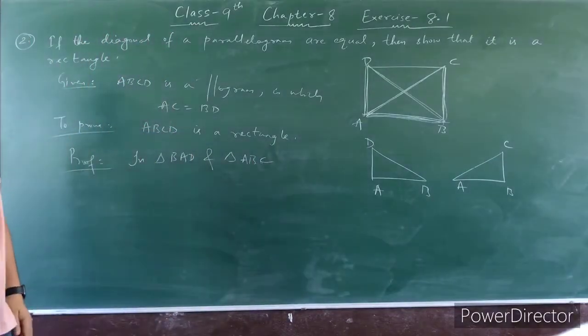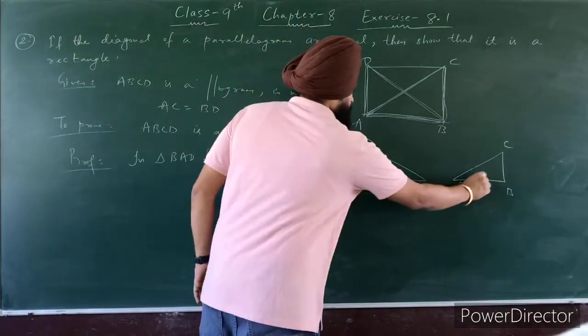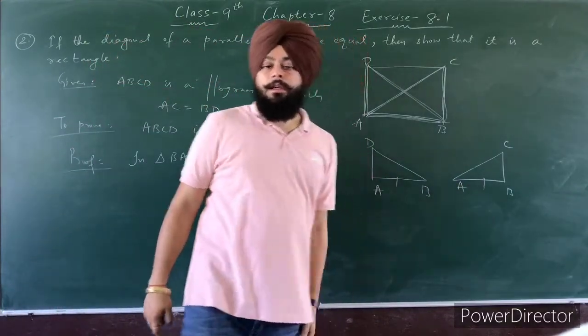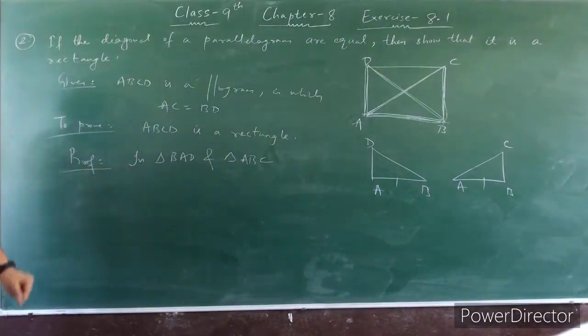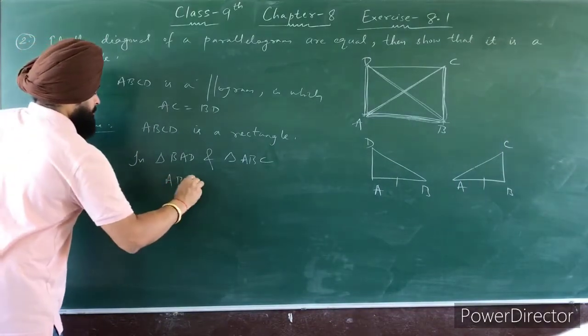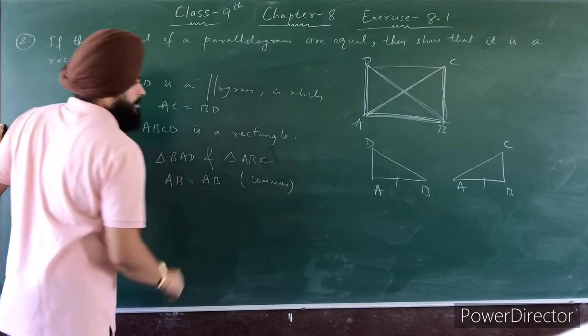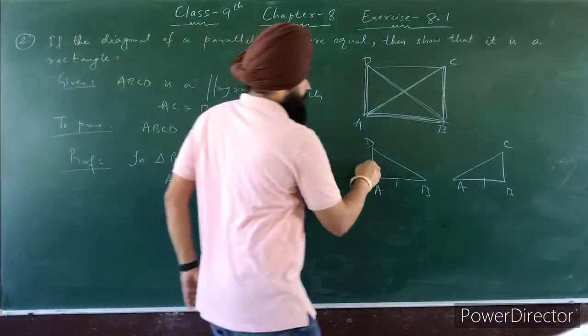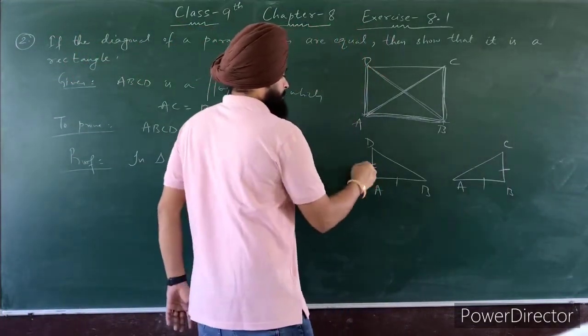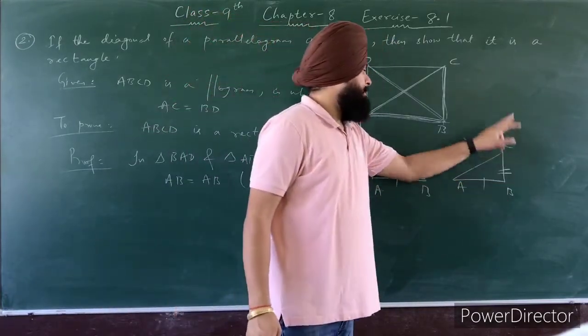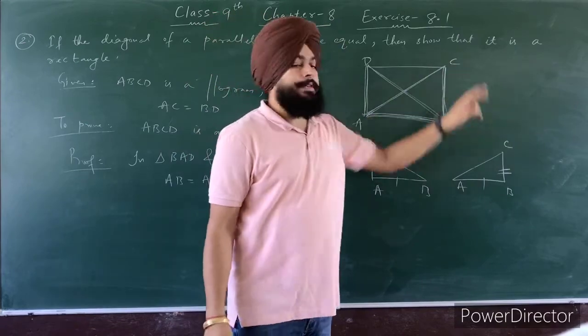So which is the first part? AB is equal to AB. You can see here AB comes in both of these two triangles. AB is equal to AB, reason: common. Second part, opposite sides. Side AD is equal to side BC.